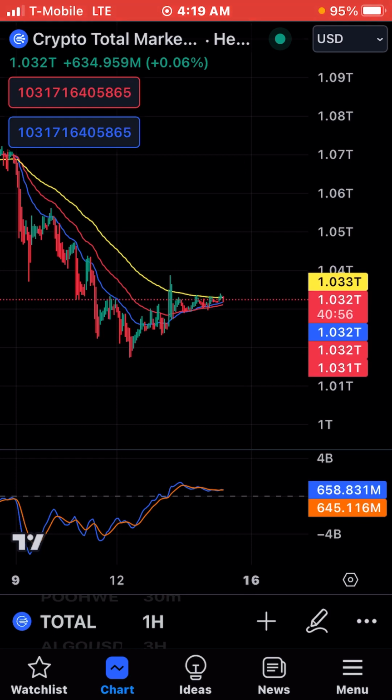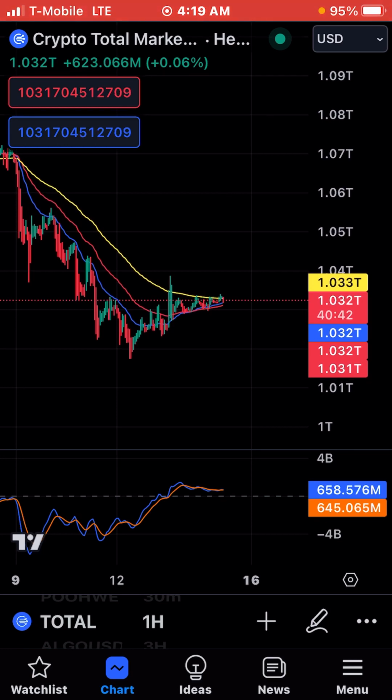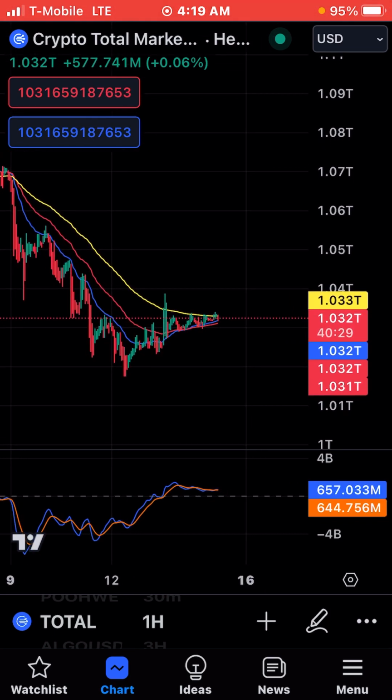Just by looking at this, we can predict that crypto is going down currently. Short term it might go up, there are short pumps, but overall it looks like it's going down. So we'll put ourselves in that mindset: it's bearish, at least right now. That's what I can tell from here.